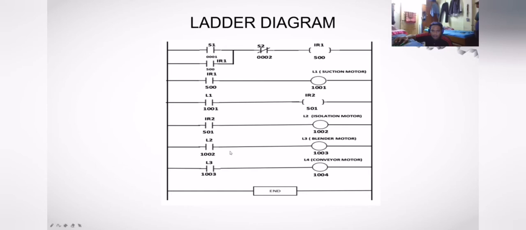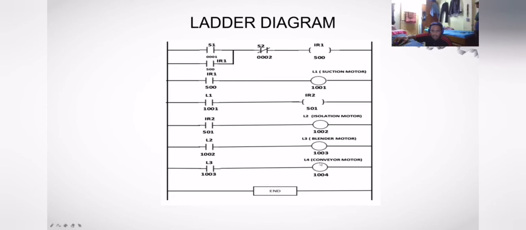Next, the blender motor will turn on after the isolation is complete. The blender motor will automatically blend all the plastic bottles into pieces, and then the pieces will go into the conveyor motor.